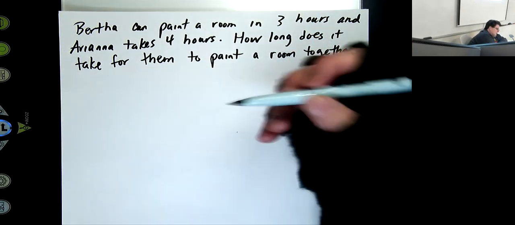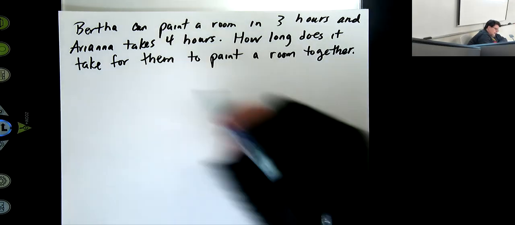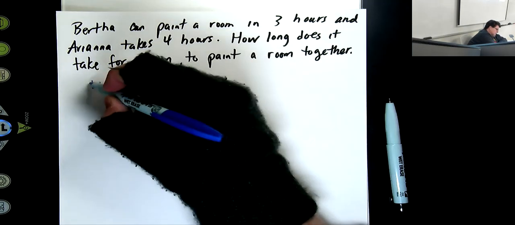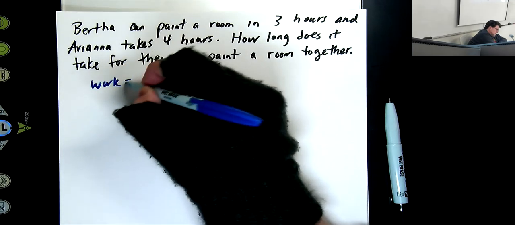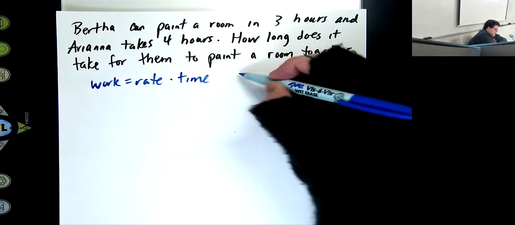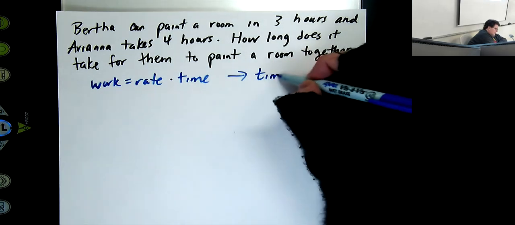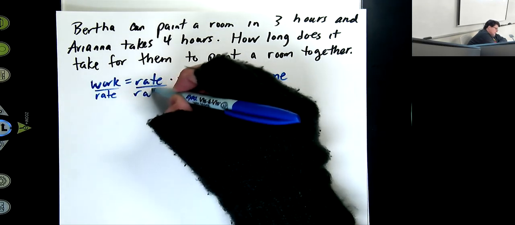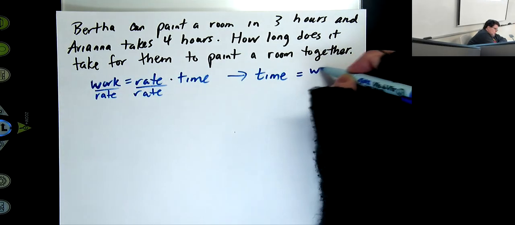Work equals rate times time. I can solve for time by dividing by rate, and I get time equals work over rate.